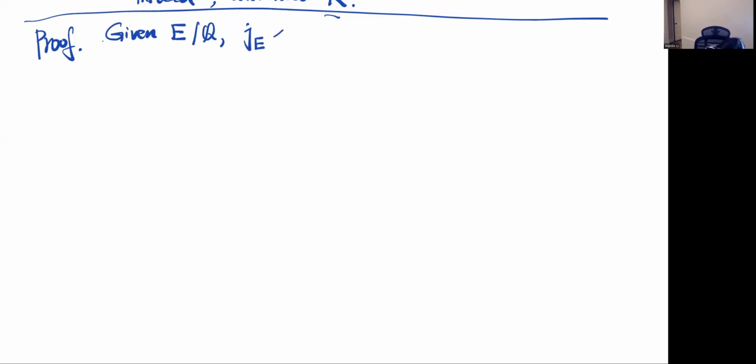I will assume that j(E) is less than 1728. Okay, this is not an important condition, it just makes my proof look slightly easier.